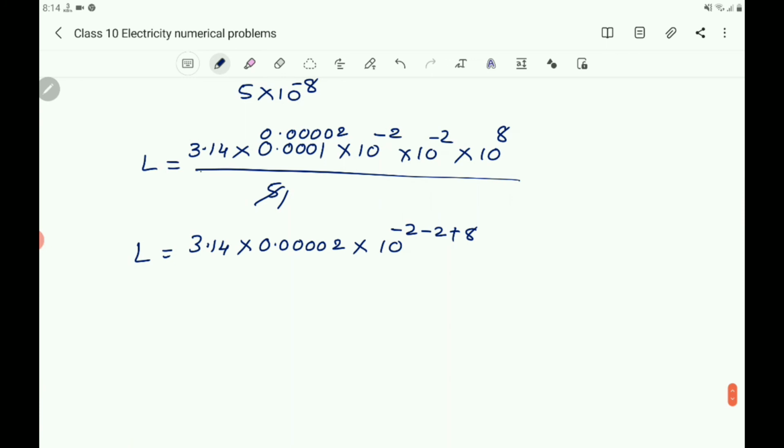Then it becomes L equals 3.14 into 2. You will get, that is 2 4s are 8, then 2 1s are 2, 8 2, and 3 2s are 6, and 1 2 3 4 5 6 7.